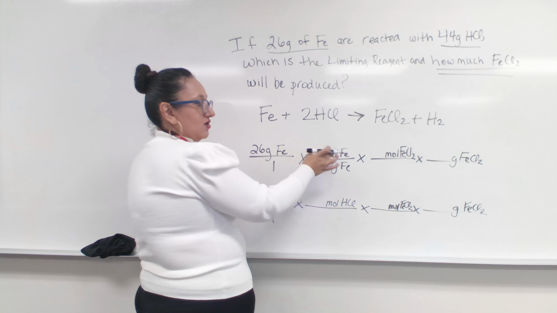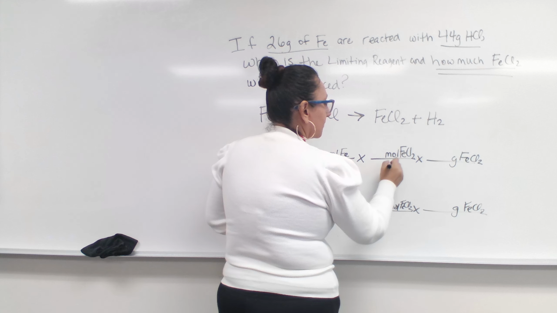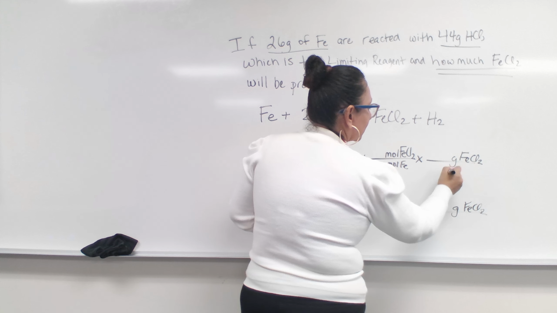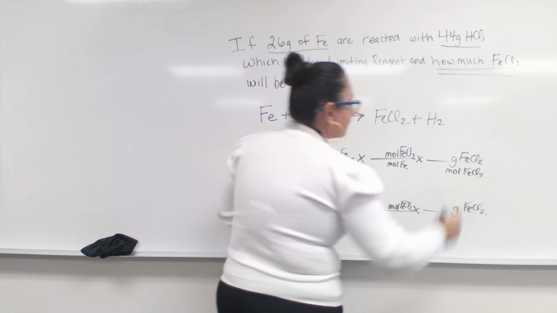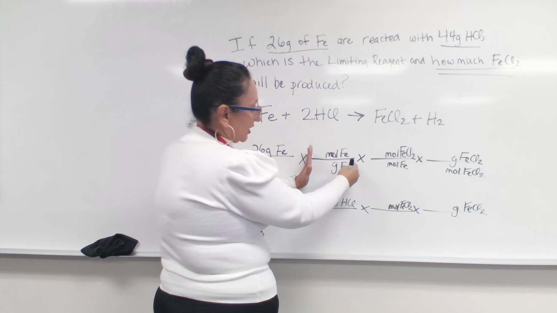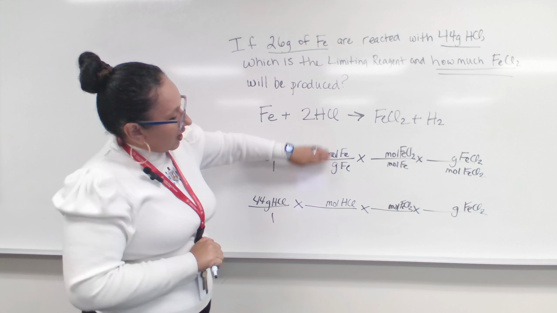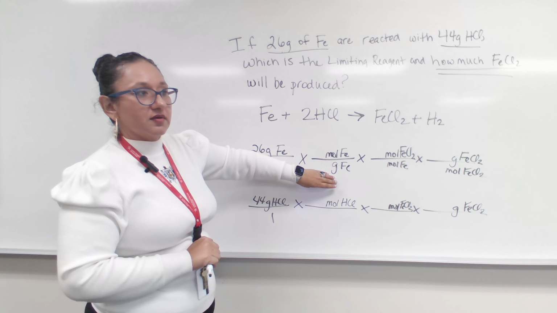I'm just bringing my units down. So moles of iron will come here. Moles of FeCl2 will come here. I'm going to individually look at each relationship so that I can figure out how many moles of iron equals how many grams.